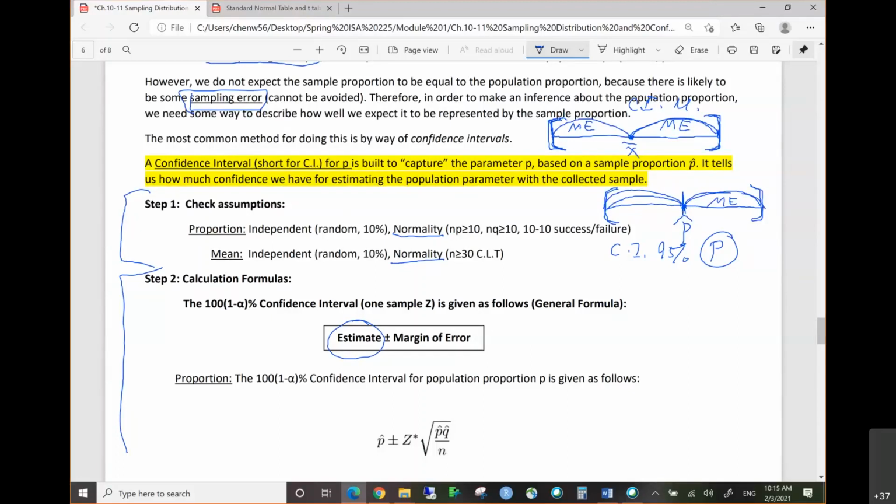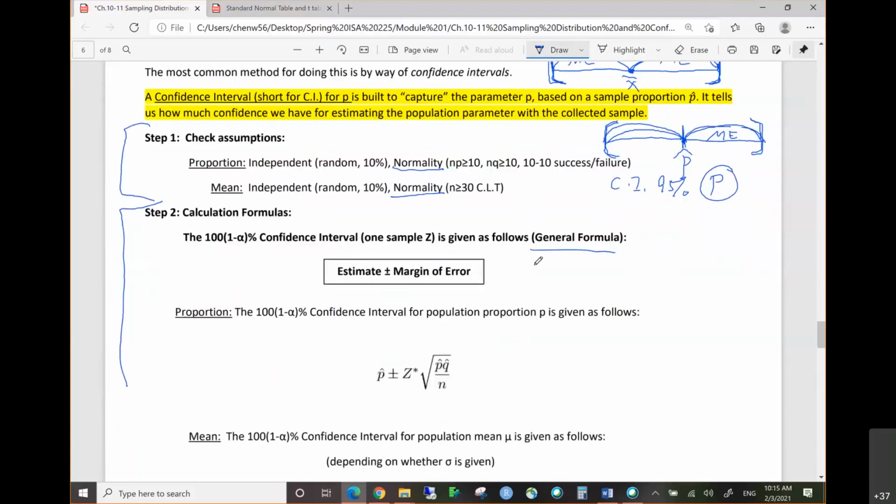We call it the margin of error. So the general formula for the confidence interval is always the estimate plus minus the margin of error. Plus will be the upper limit, minus will be the lower limit. All right, so this is the general formula.